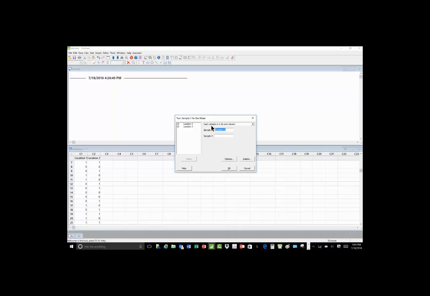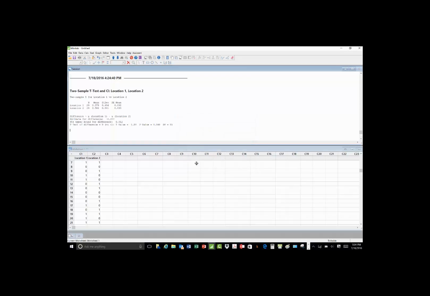I want to take all this data out from before. I'm going to grab this data, and I'm going to say I want it in this location. I'm going to take the location 2, hit OK. I go to OK, and it returns information.